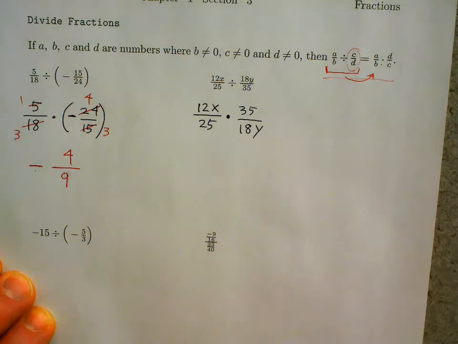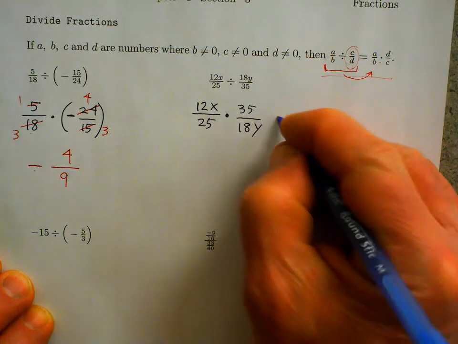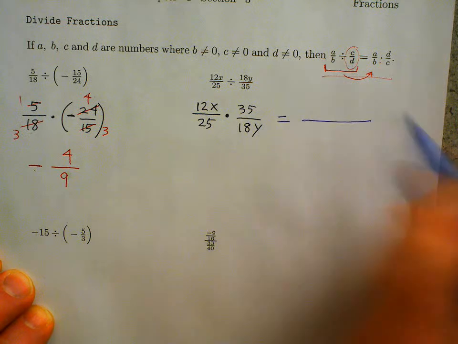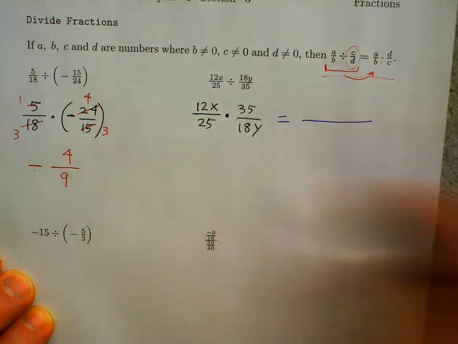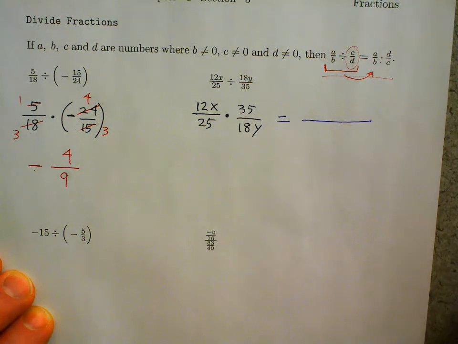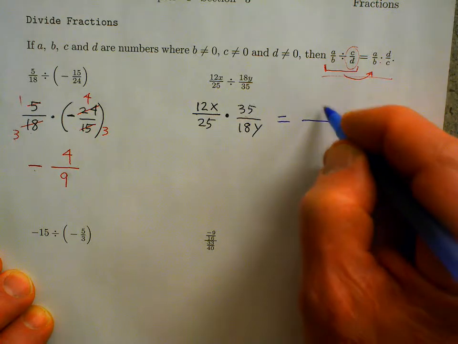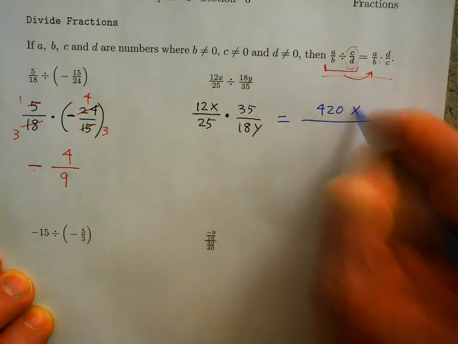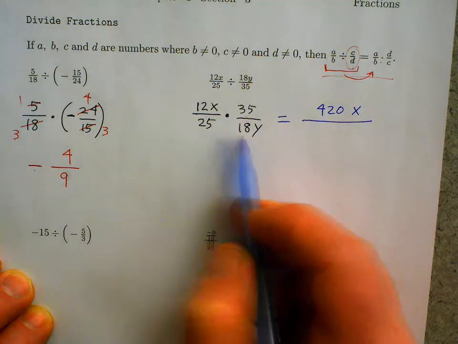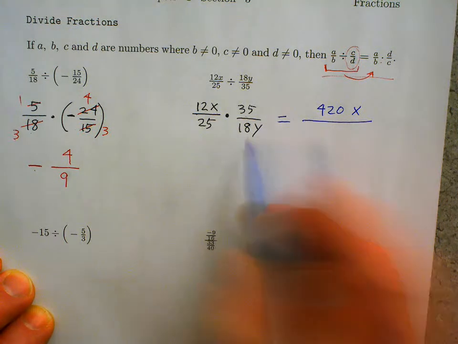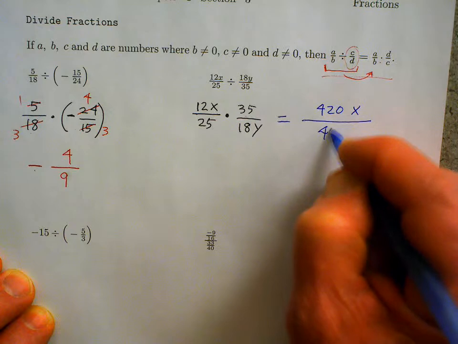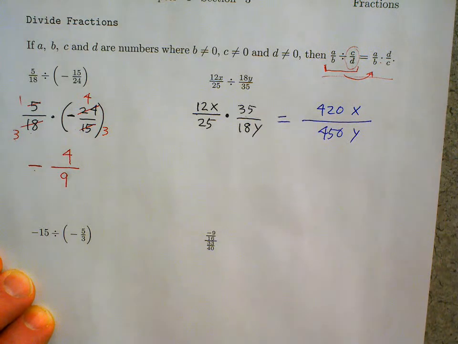Okay, one way to go about this is just multiply the two fractions. 12x times 35 is 420x. In the denominator, 25 times 18y is 450y. So how do you like that approach?